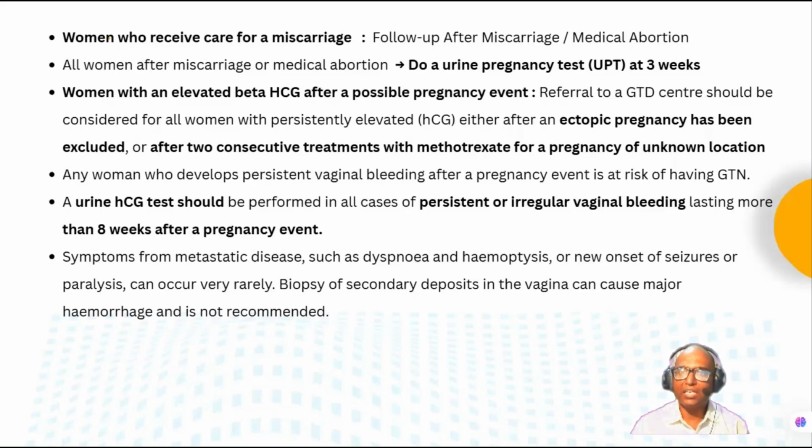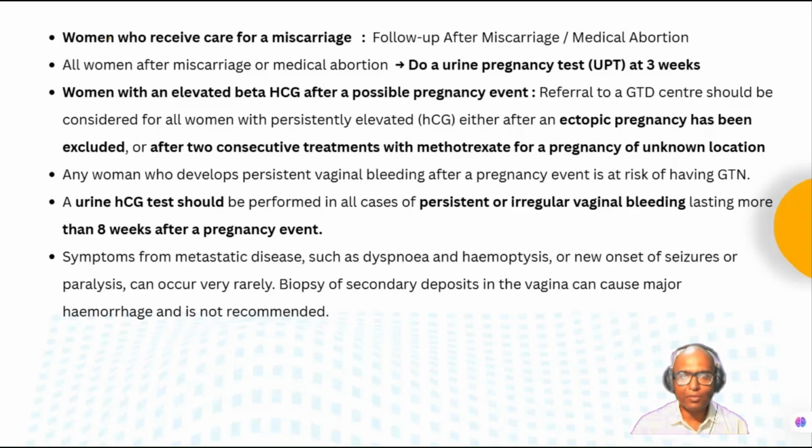Persistently elevated hCG, either after ectopic pregnancy has been excluded or after 2 consecutive treatments with methotrexate for pregnancy of unknown location. Even for ectopic pregnancy, you have to do the beta hCG post treatment, and for those patients receiving methotrexate for pregnancy of unknown location, even if you have given 2 methotrexate doses and the beta hCG is still positive, then you will refer these patients to the GTD center.